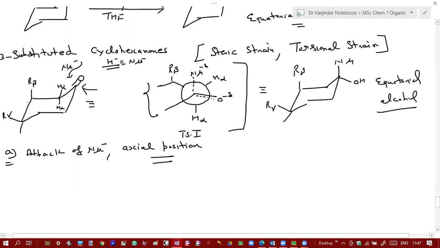Now when will this transition state be favored? Look carefully. Here you have an R beta and an R gamma group. Here in this position they are joined over here, and here you have this R gamma also.